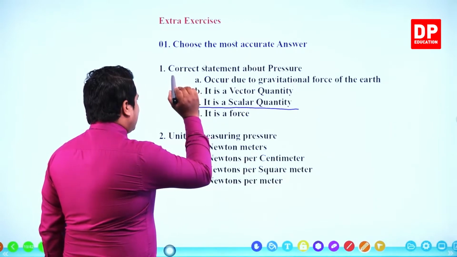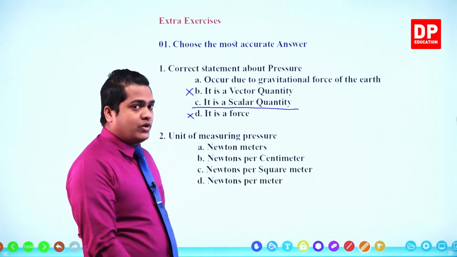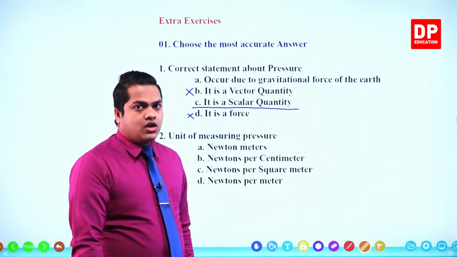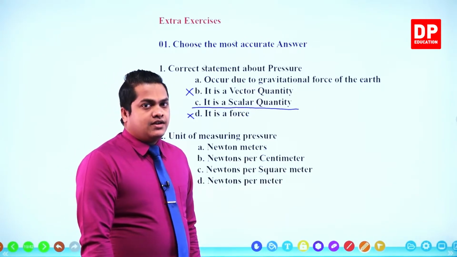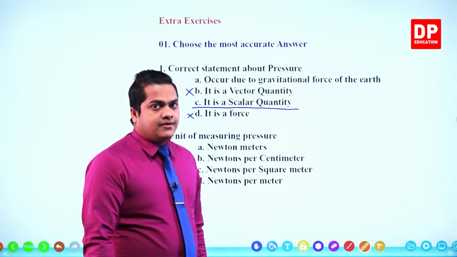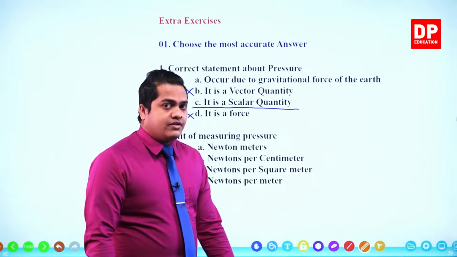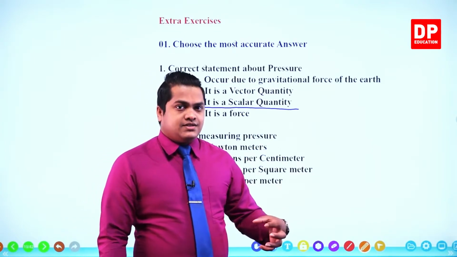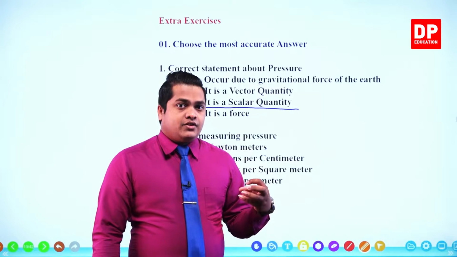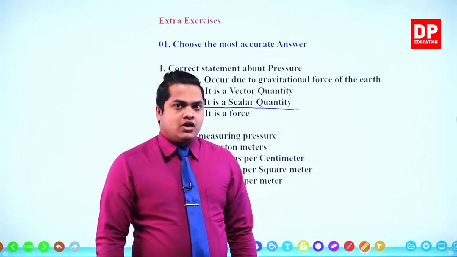This one is correct up to a certain extent, but however, the most accurate answer is the third one. What is that? It is a good example for a scalar quantity. When you are selecting answers, you have to choose the most accurate or the correct one.